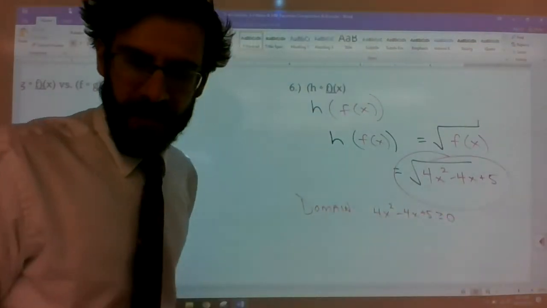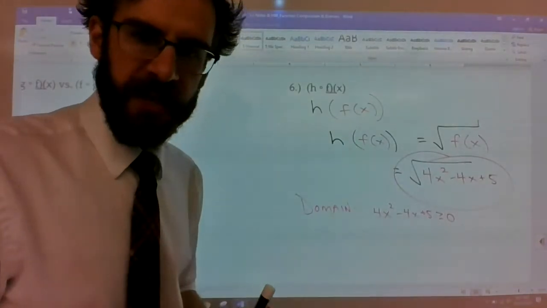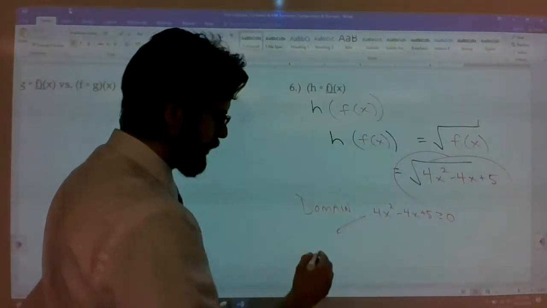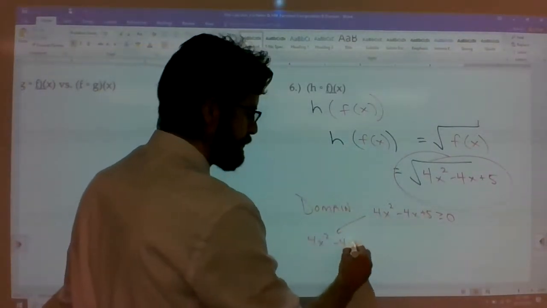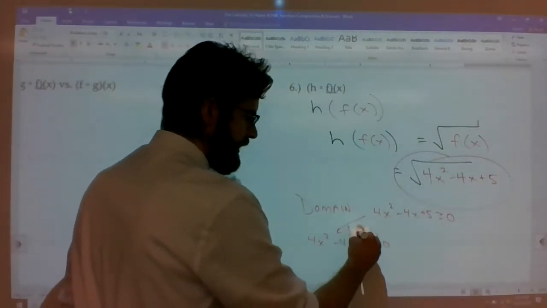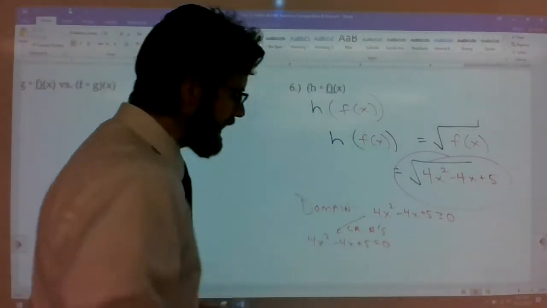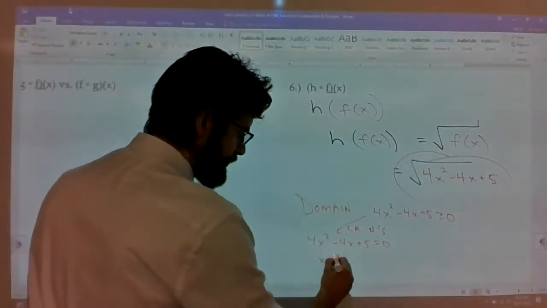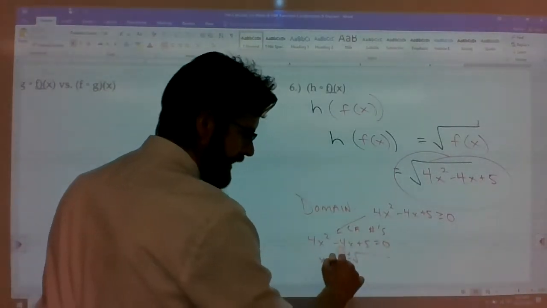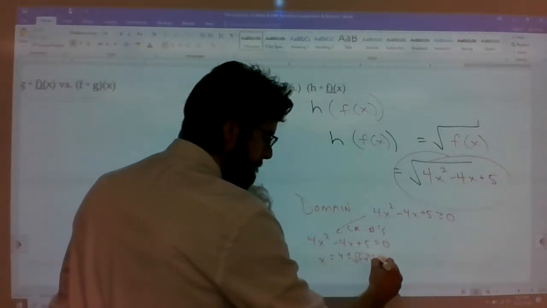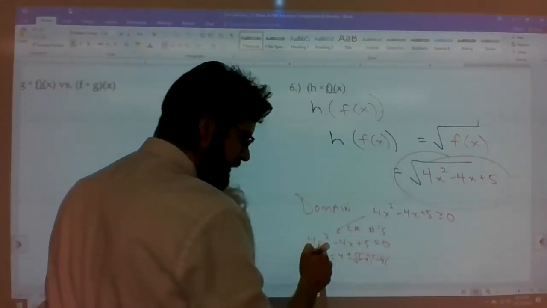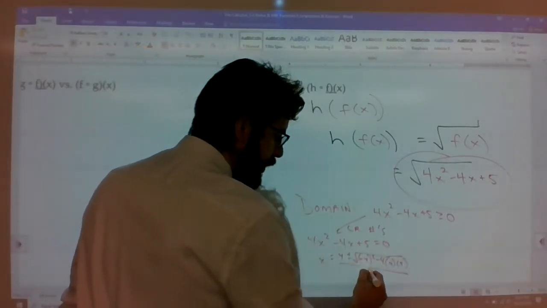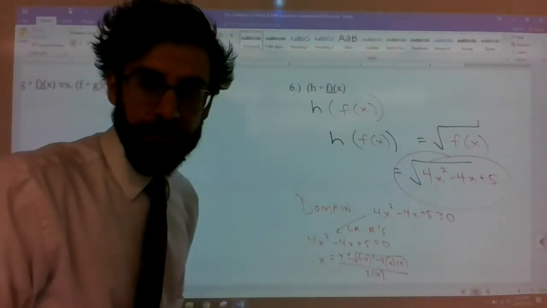There are actually two ways of analyzing this. The first is to just find critical numbers and set up your intervals like normal. So the algebraic approach is to say 4x squared minus 4x plus 5 equals 0. This is how we get our critical numbers. If we plug this into the quadratic formula, x equals 4 plus or minus the square root of negative 4 squared minus 4 times 4 times 5, you'll notice that there's a negative underneath the root.